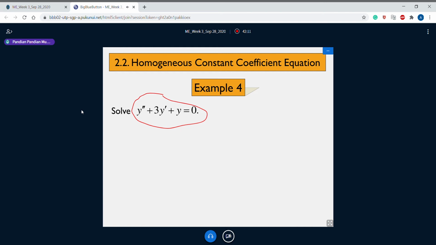Minus 3 plus root 5 over 2, that is your m1. m2 is minus 3 minus root 5 over 2. This is slide number 25, the last slide. You can find more problems in the tutorial, but it is not given at the moment.